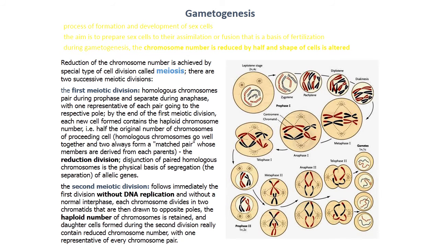And the oogenesis of the ovum takes place. It's a reduction of chromosome number that takes place by meiosis. The first meiotic division, which is reduction division, takes place. Usually the division starts with mitotic division during fetal condition.